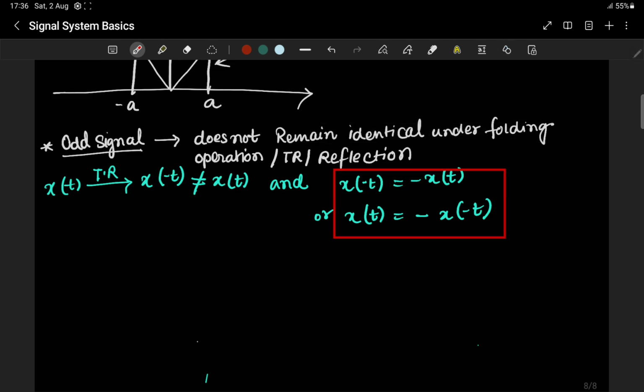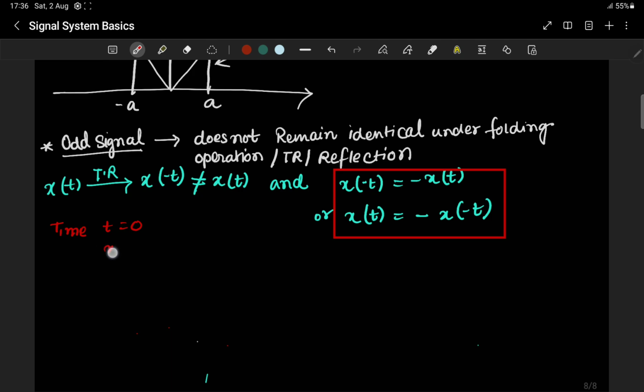What is that property? When we take time t equal to 0 and put it here, the whole signal is going to be 0. That means at time equal to 0, there is going to be 0 DC value, or you can say the odd signal will have 0 value.